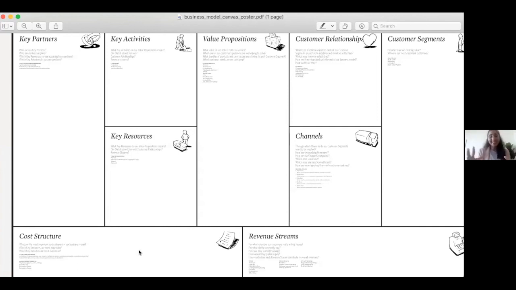This is basically what the business model canvas is in a nutshell. The business model canvas is like a map where you plug in all these things and all these 9 components, and it gives you a general overview of what your business will look like and how you will operate your business. It's a roadmap.